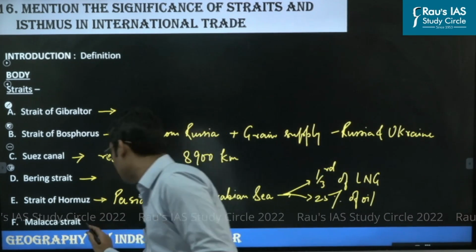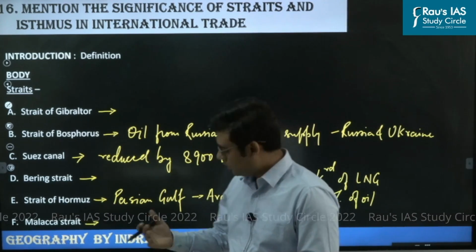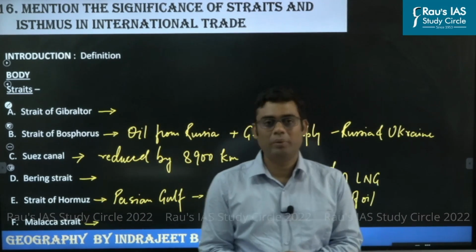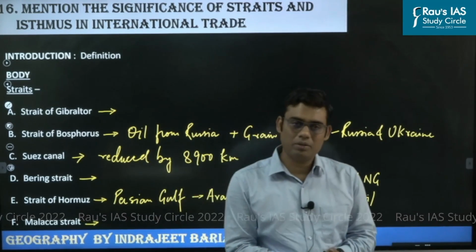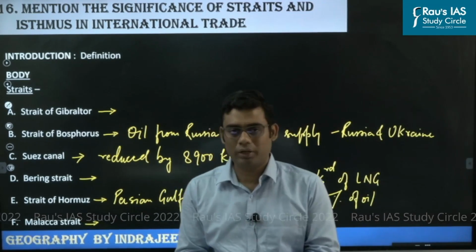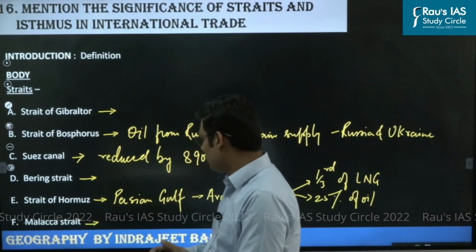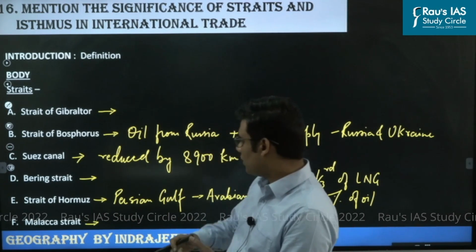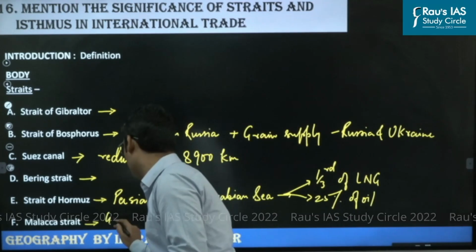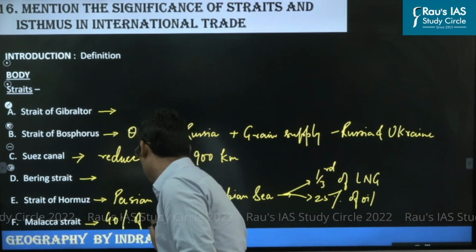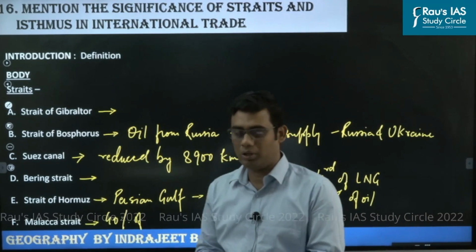Next one comes up, the Malacca Strait. Malacca Strait provides connectivity between the Indian Ocean and the Pacific Ocean, and is a very, very busy trade route. The significance we can understand from some facts: for example, 40% of global maritime oil trade takes place through here.